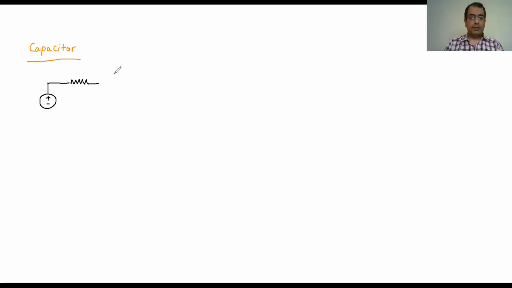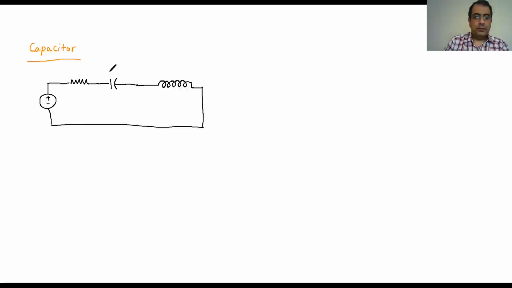There are two other elements that we are going to talk about. First, I will talk about the capacitor, and we show it like that. And then we are going to talk about another element that is going to be the inductor, which later on I'm going to talk about. And we see how these two new elements behave in the circuit.